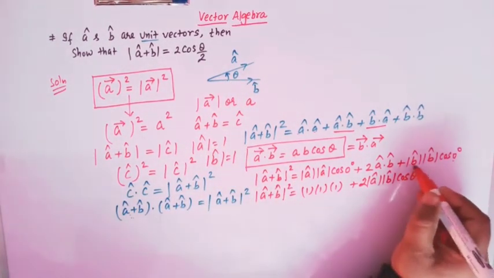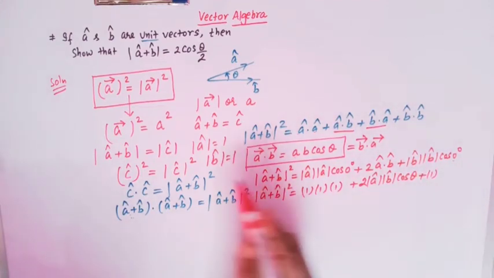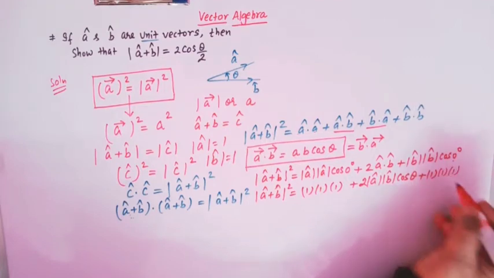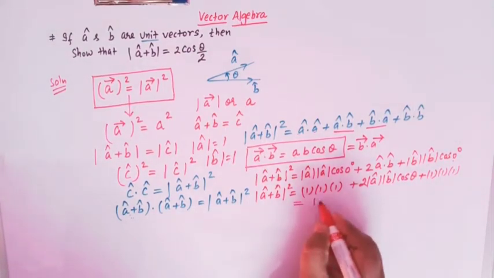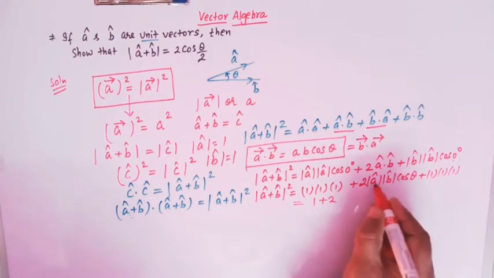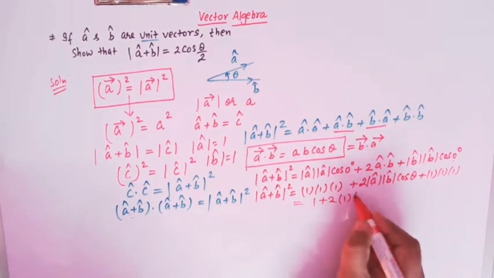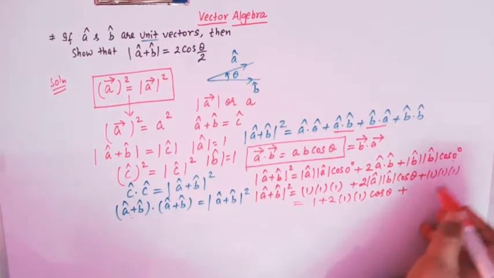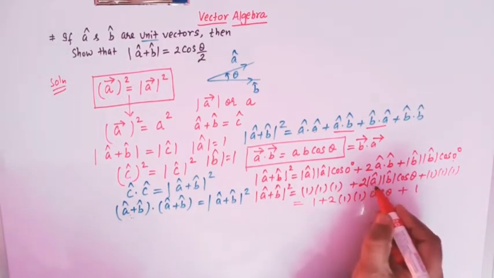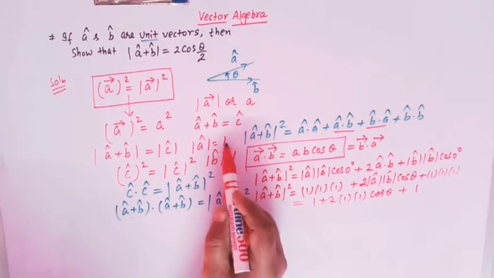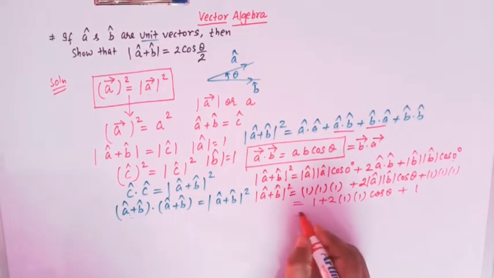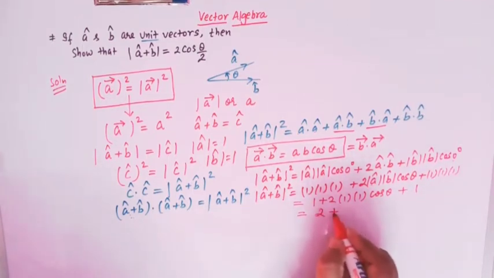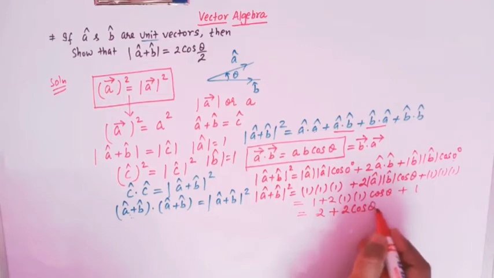Since the magnitudes of a cap and b cap are 1, we have 1 plus 1, which is 2, plus 2 cos theta.